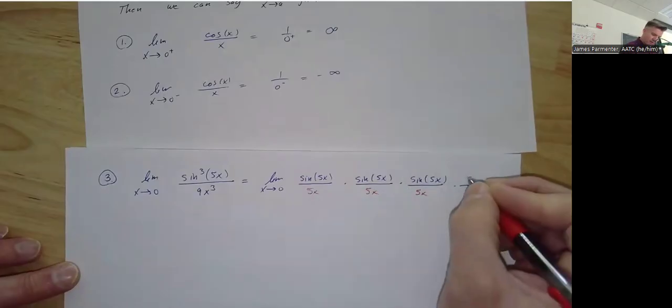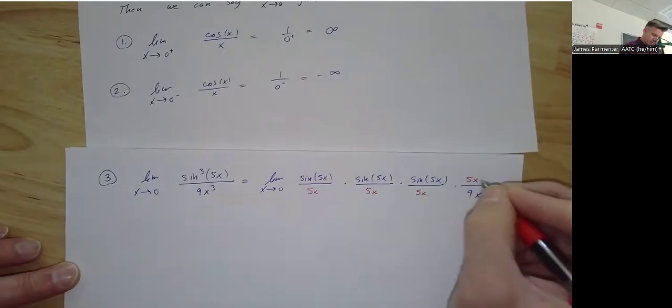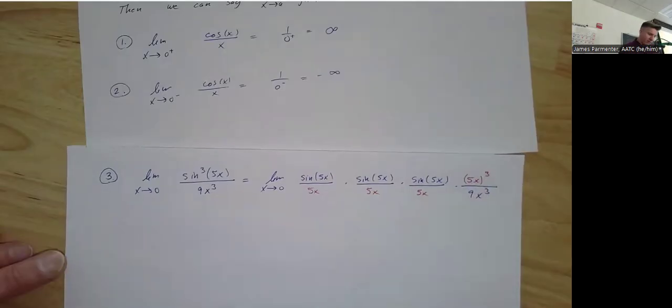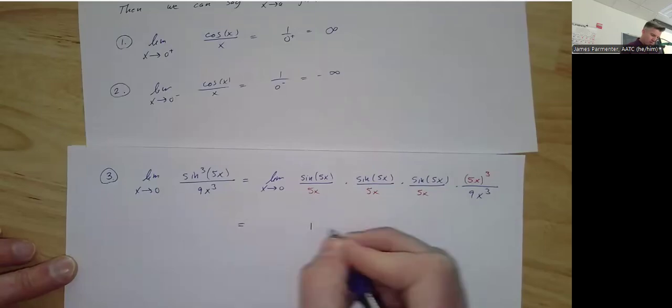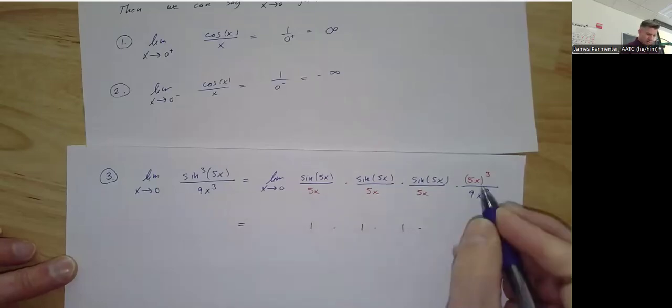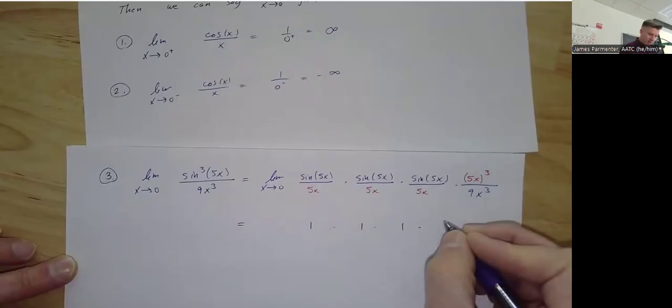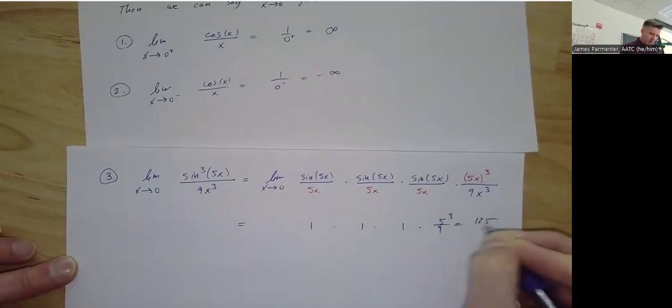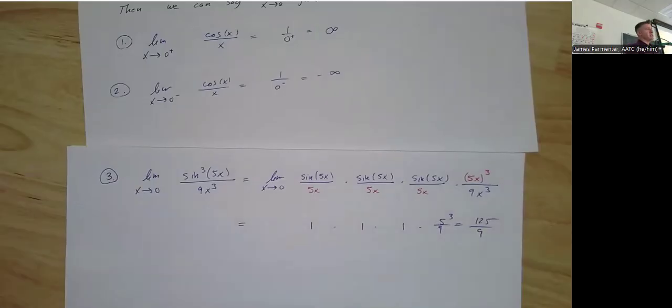We need a 5x times 5x times 5x, or a 5x cubed over there. Then when you evaluate this, you just end up getting 1 times 1 times 1 times the x's cancel over here, and you get 5 cubed over 9 for a final answer of 125 over 9. This is so much easier than trying to use L'Hopital's rule. It's ridiculous.